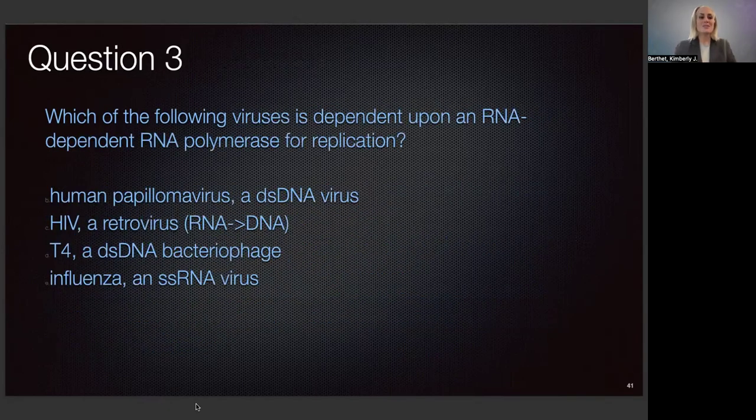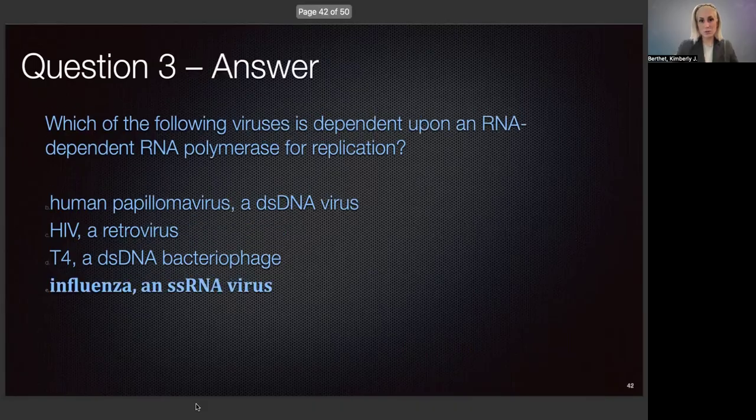Okay, so question number 3, which of the following viruses is dependent upon an RNA-dependent RNA polymerase for replication? We'll go ahead and look at the answer for this one. So we're looking at dependent upon an RNA-dependent RNA polymerase for replication.